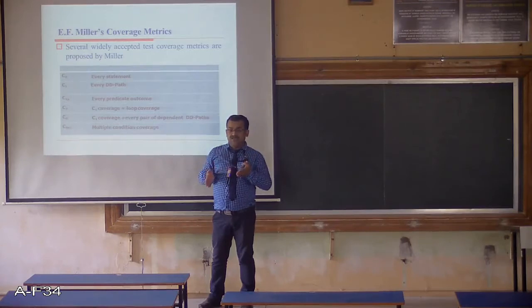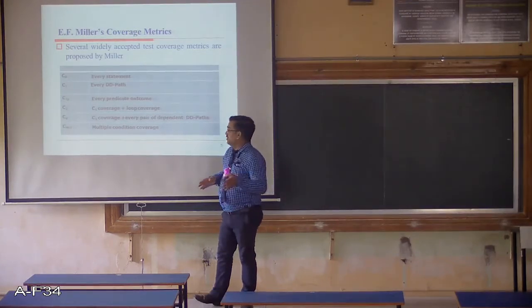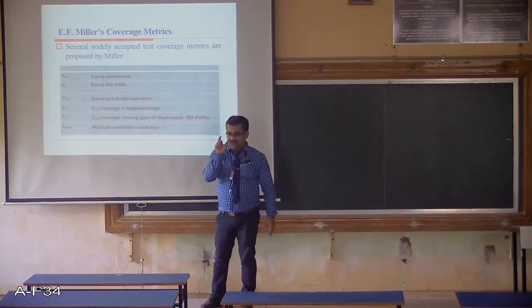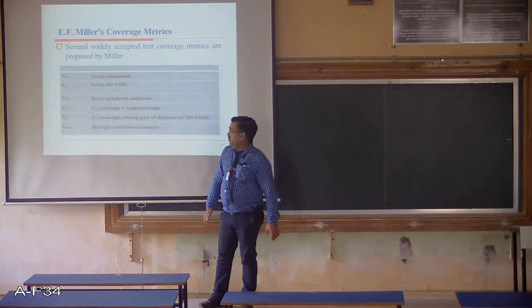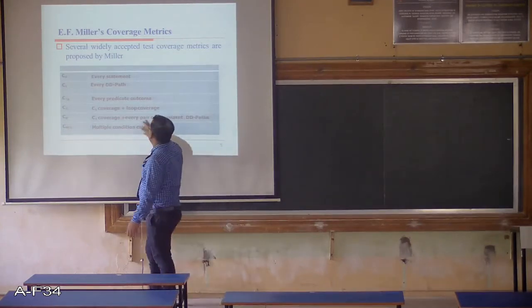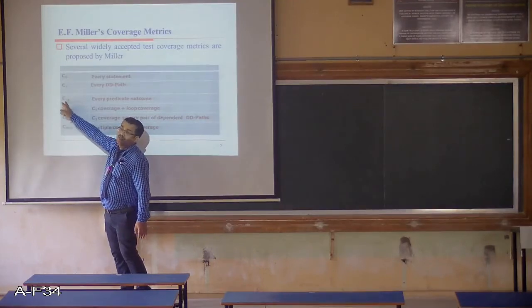The decisions may be the condition inside a loop, an if-then-else structure, or a case structure, whatever it is. Any decision outcome decides which edge it will follow in a graph. So every predicate outcome is indicated by the coverage metric C1P.